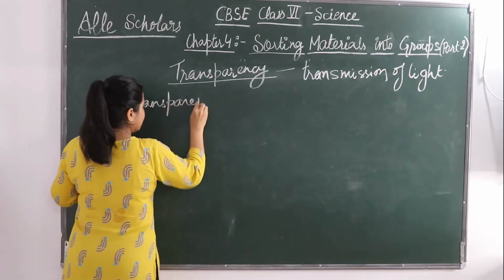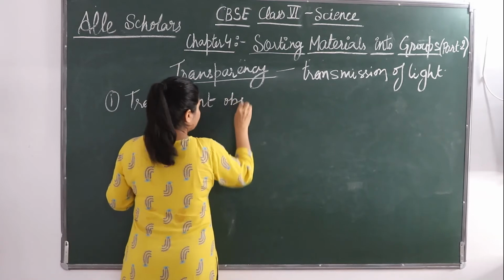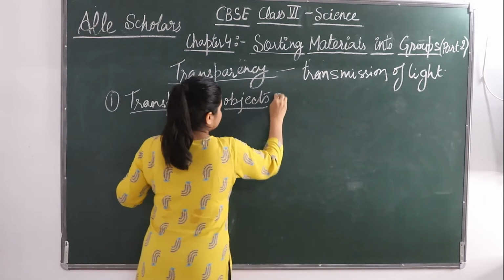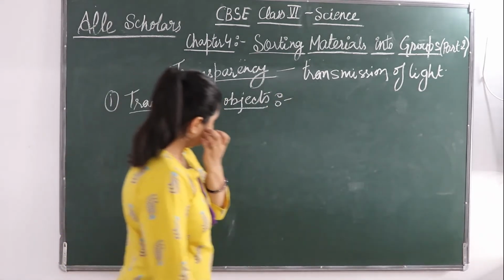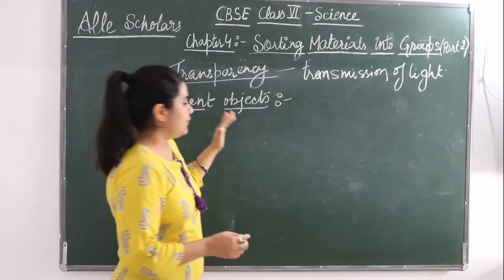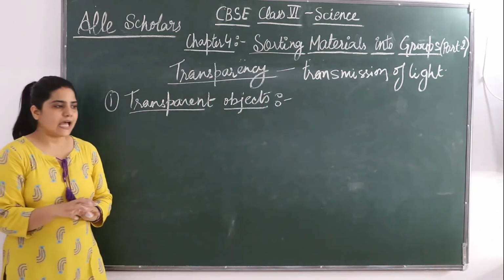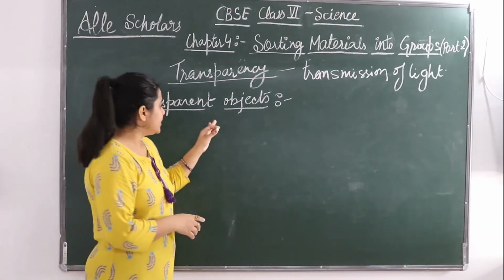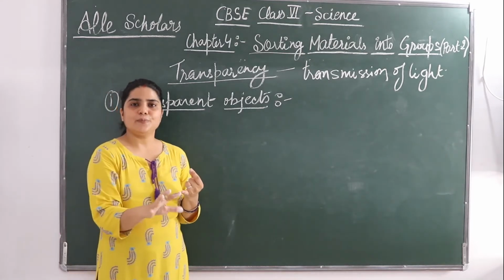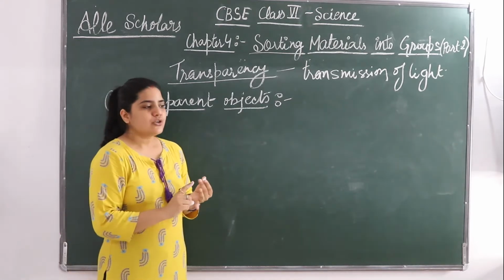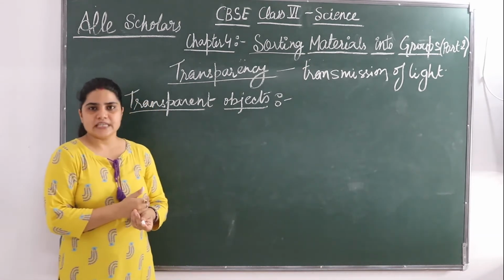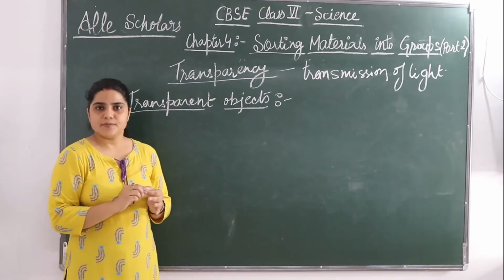So first we will see transparent objects. An object which allows visible light to pass through it is called a transparent object. A transparent object allows visible light to pass through it fully. Those substances or materials through which things can be seen clearly are transparent.